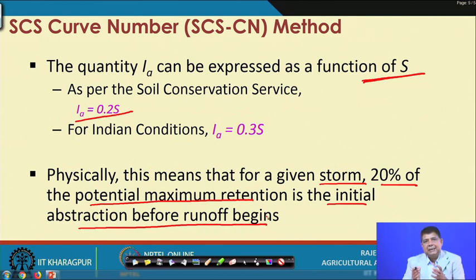That is the physical meaning of this expression. And for Indian conditions, several researchers have reported that the value of I A could be 0.3 S, but still in India also we typically use 0.2 S.